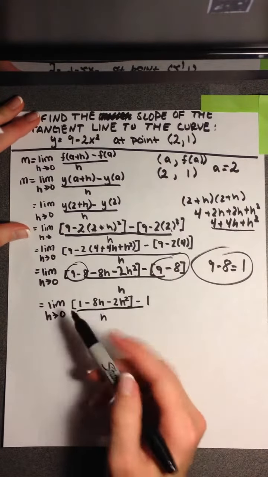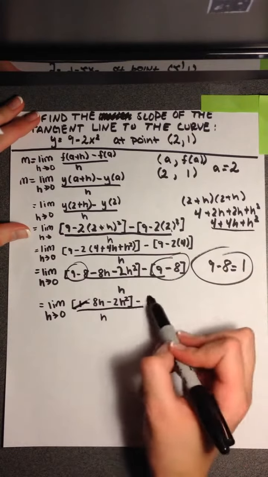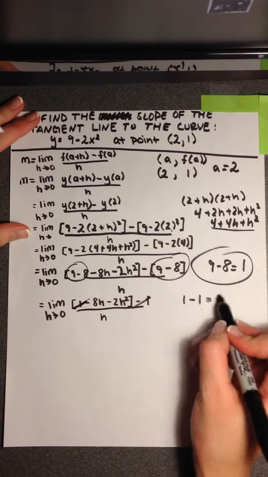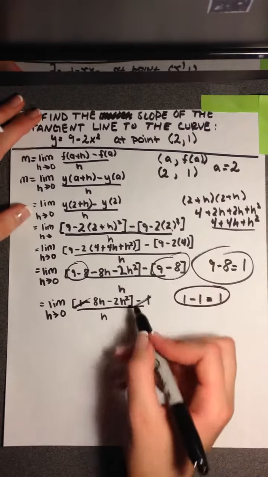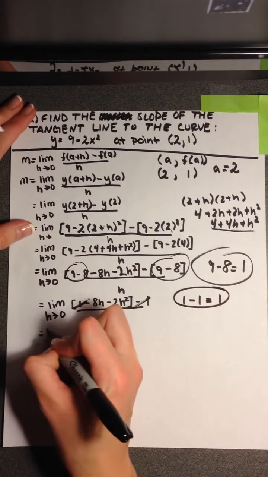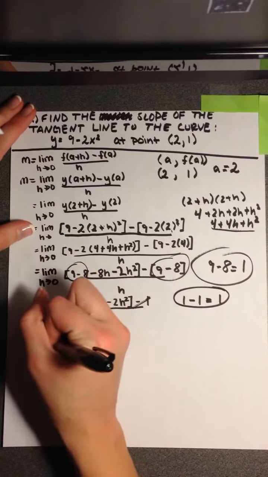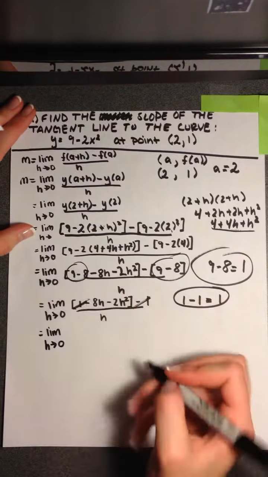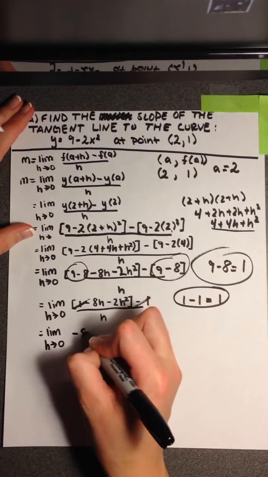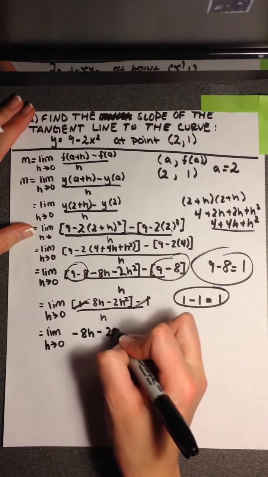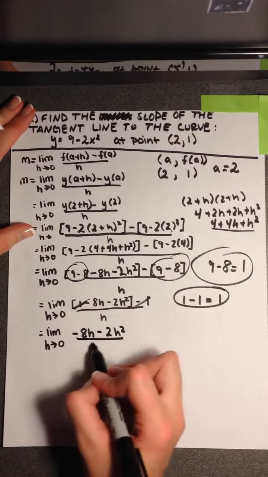Again, these 1's can cancel, since 1 minus 1 equals 0. So that's going to leave us with the limit as h approaches 0 of negative 8h minus 2h squared, over h.